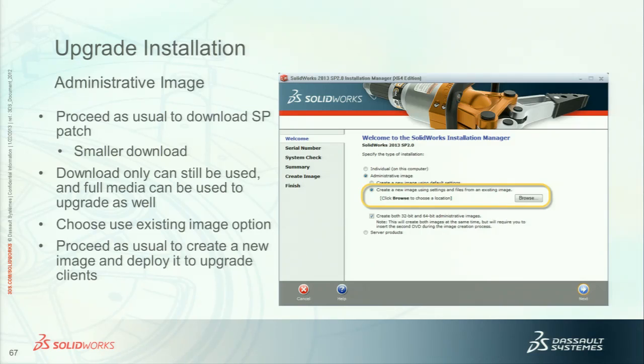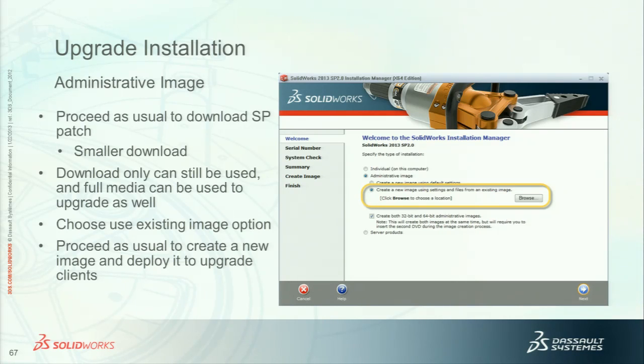Upgrading an admin image. You create your SP0 admin image, then SP2 comes out. You go to the customer portal, download the SP2 IM, click on the download only option, and download everything you need. For an admin image, you want to have everything just to be safe. You launch that installation manager, click admin image, and click create new image from existing image, because you've already set up your option editor with all your customizations.